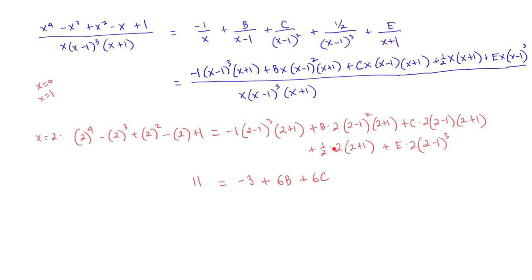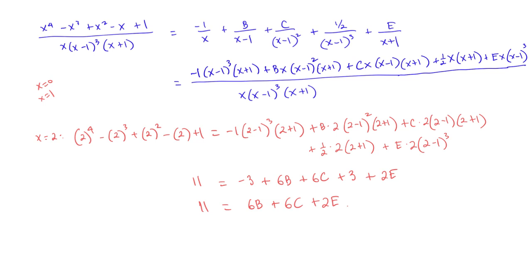The next term, 1/2 times 2 is 1, 1 times 3 is 3, and the last term, 2 minus 1 is 1, 1 times 2e is 2e. Simplifying this, we have 11 equals 6b plus 6c plus 2e.